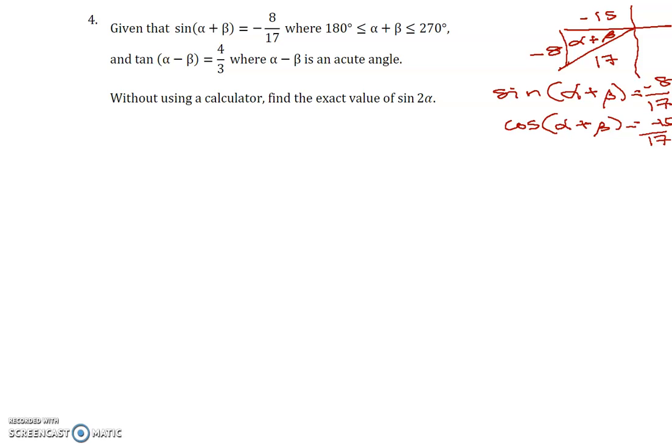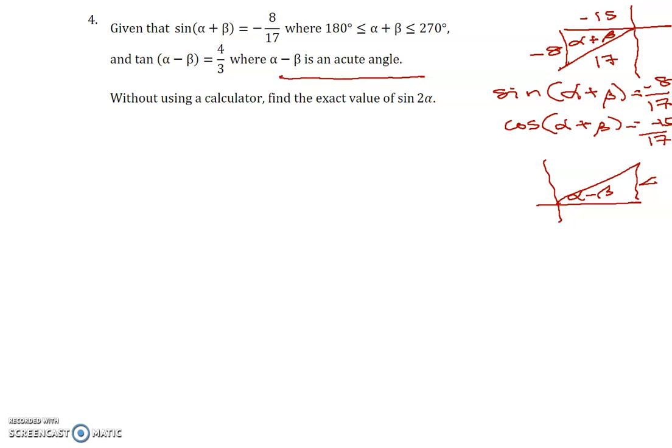Then we take a look at alpha minus beta, where alpha minus beta is an acute angle, so it must be in quadrant 1.